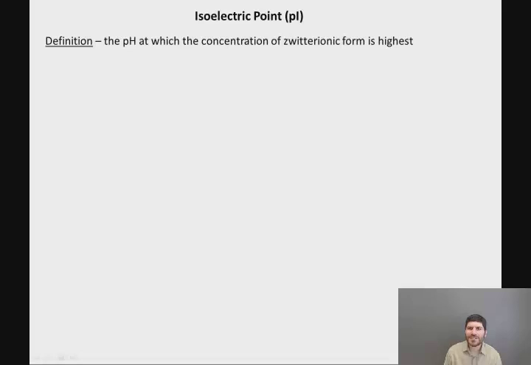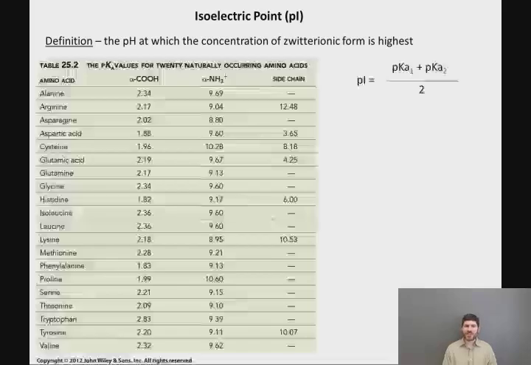An important number associated with amino acids is what's called their isoelectric point, or their pI value. The definition of the isoelectric point is simply the pH at which the concentration of Zwitter ionic form is highest. So how do we go about calculating that?